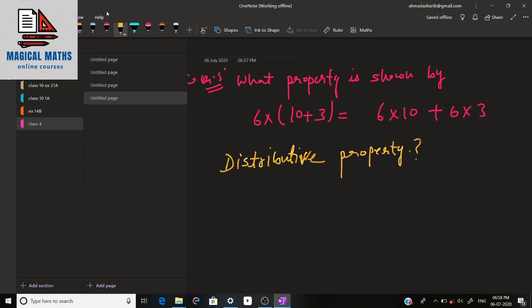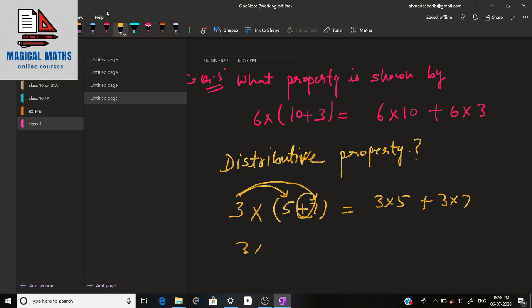For example, I have written 5 plus 7 inside the bracket, and outside the bracket there is multiplication. This 5 plus 7 is multiplied by any number, let's say 3. So what this property does is, first we multiply 3 to the 5, then we multiply 3 to the 7, then we write the plus sign here.